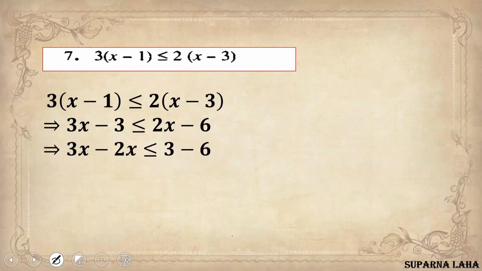So 3x minus 2x is less than or equal to 3 minus 6. Clear? So x is less than or equal to minus 3. Means all the values from minus 3 down to minus infinity are the solution set for this inequality. Clear? Now moving to the next question.